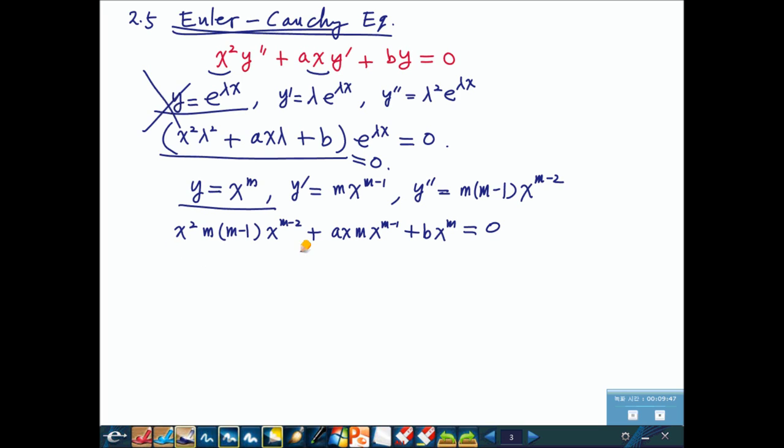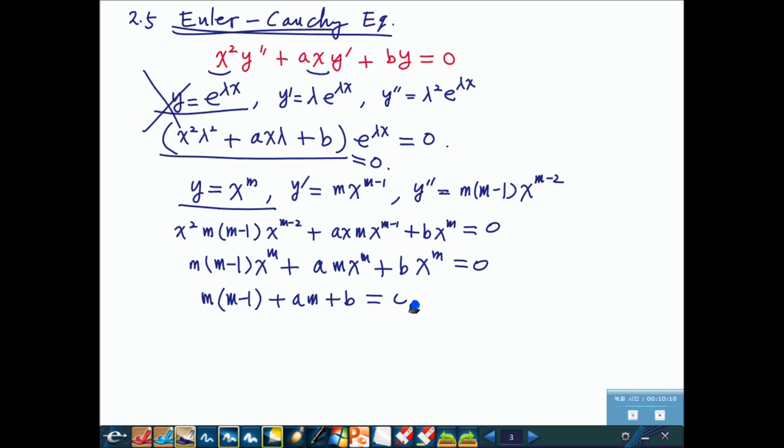And you have to multiply x squared to here, giving m times m minus 1, x to the m plus a m x to the m plus b x to the m. And so you will be able to get m times m minus 1 plus a m plus b, which has to be 0.